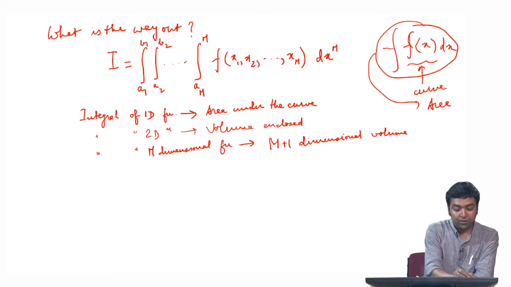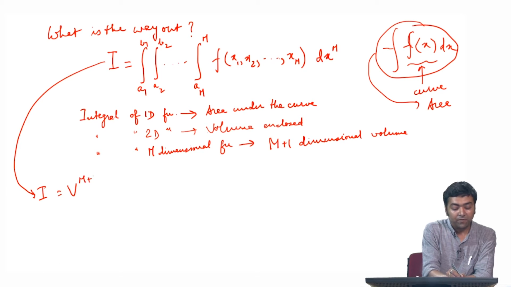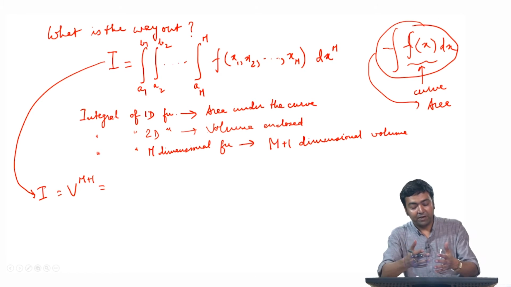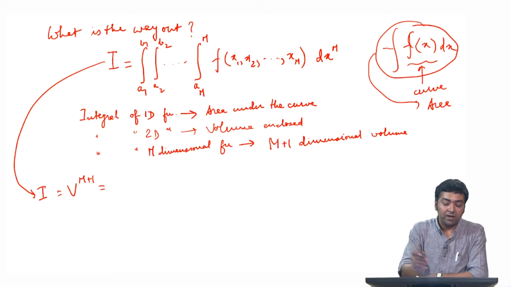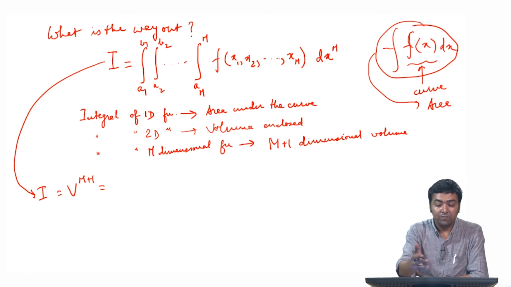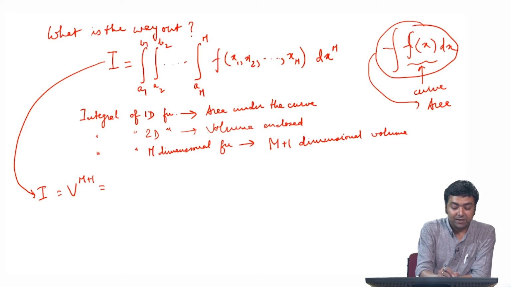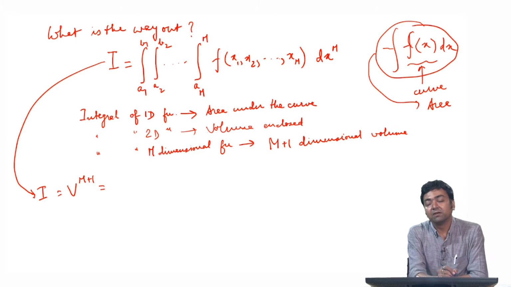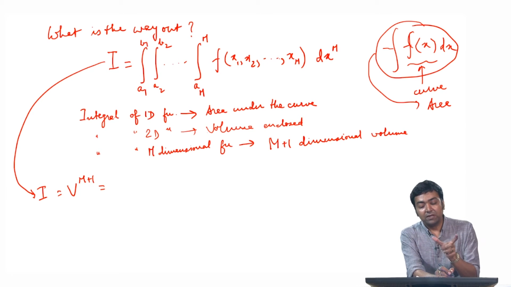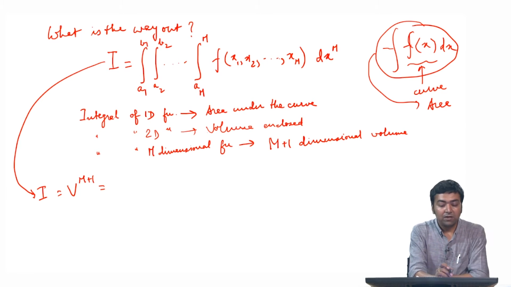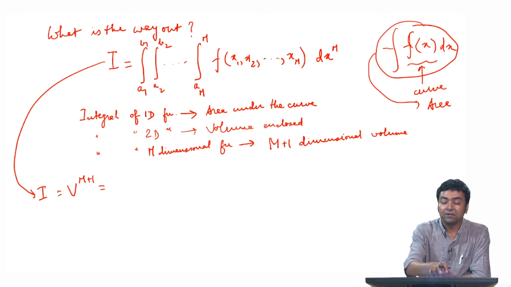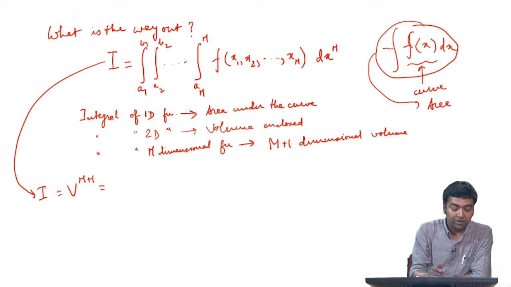So, I can write this integral I in the following fashion. I is nothing but an m plus 1 dimensional volume, and we try to discretize it. How will we calculate the volume enclosed by this m dimensional function? If we remember the one dimensional trapezoidal rule, we took the length along the x dimension. But here we have m dimensions, so we have to take the lengths along each of the m dimensions.